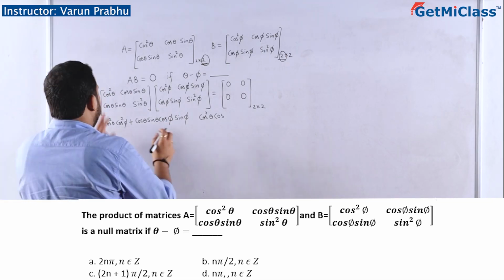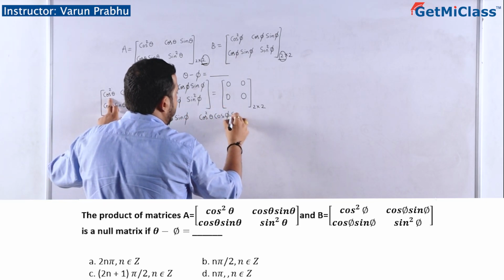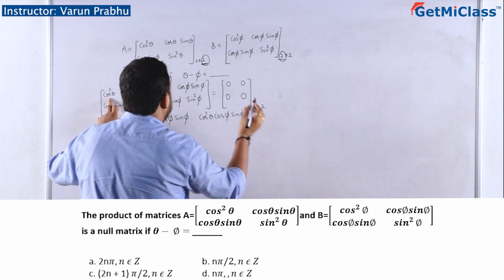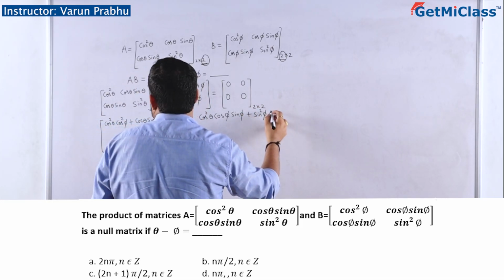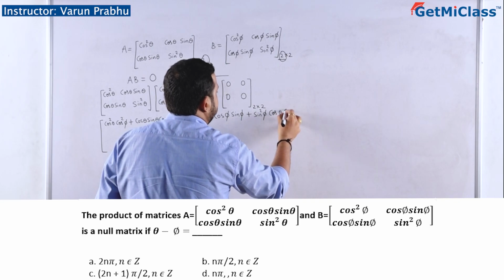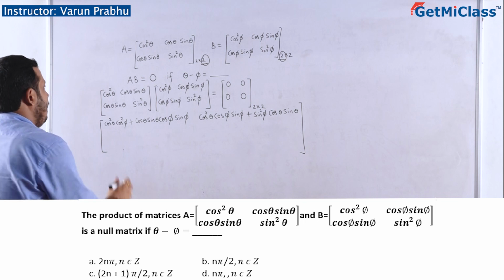All right. Similarly here, multiply the row and column: cos squared theta cos phi sin phi plus cos theta sin theta sin squared phi.